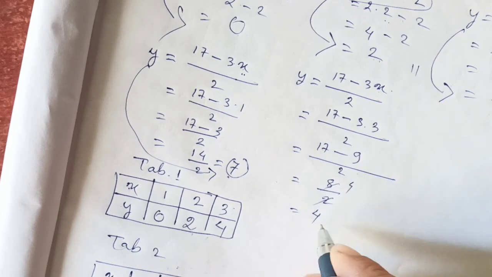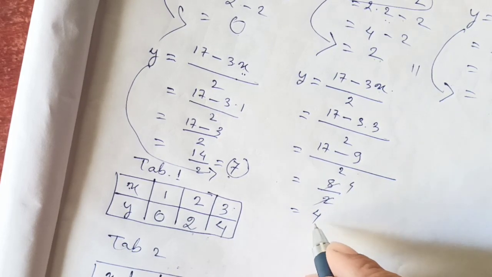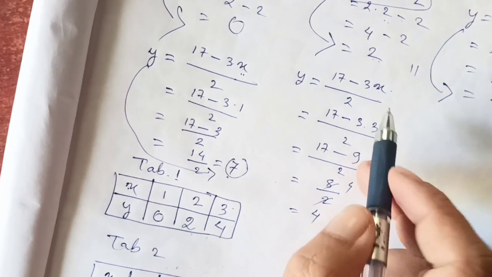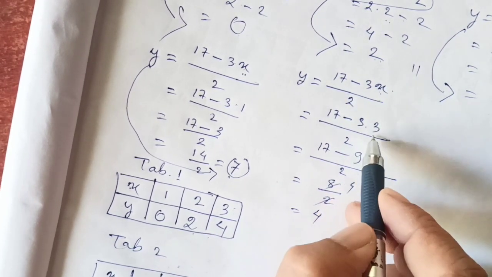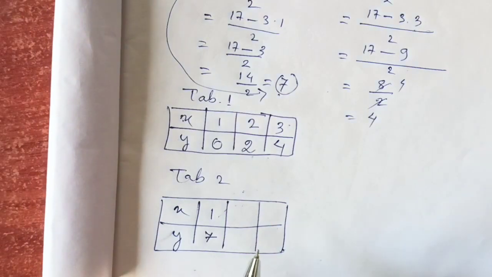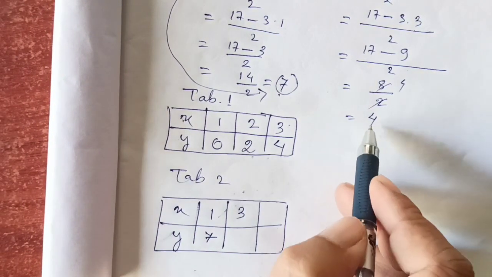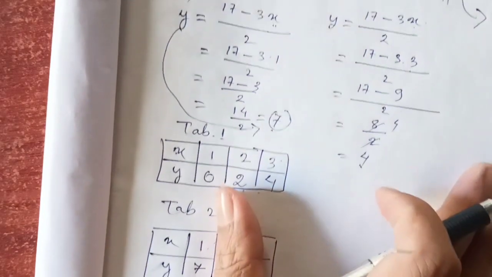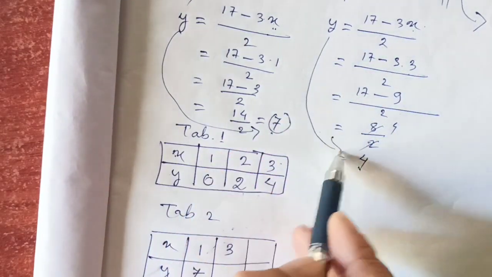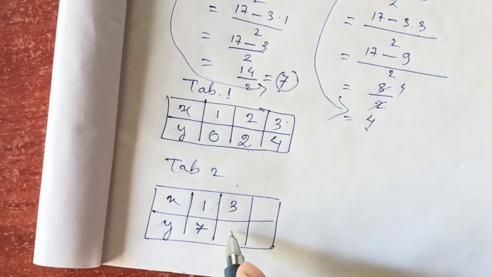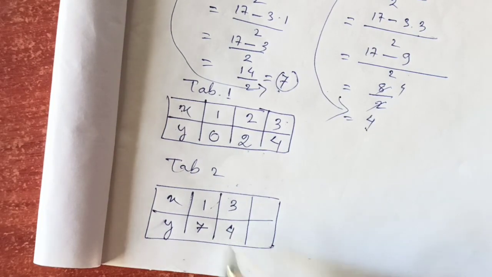Then 2 fours are 8. So we get the answer as 4. How did we get the answer as 4? When we take the value of x as 3. This 4 is the value of y. That is why y is 4.